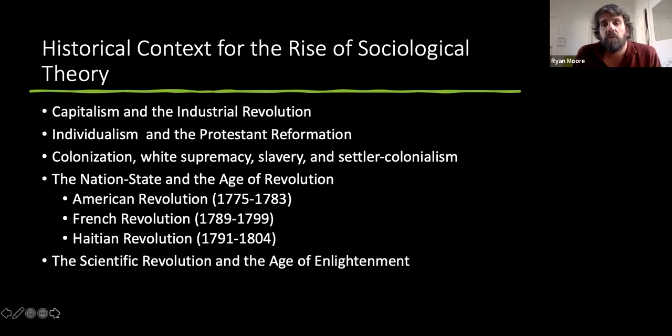The first of these that we look at is an economic factor, the rise of capitalism, which can be traced back to at least the 16th century. And then the Industrial Revolution, which was a more recent phenomenon of, say, the late 18th or early 19th centuries in Britain, and then in the United States, more like the mid 19th century.